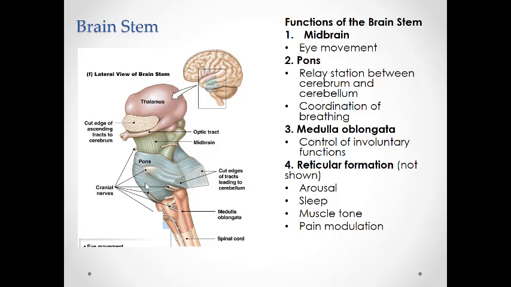Your medulla oblongata, down here, is responsible for all of your involuntary functions, such as breathing and digestion. Those are all involuntary functions that happen on a real-time basis. And then you have your reticular formation, which is not shown, which takes care of arousal, sleep, muscle tone, and pain modulation.